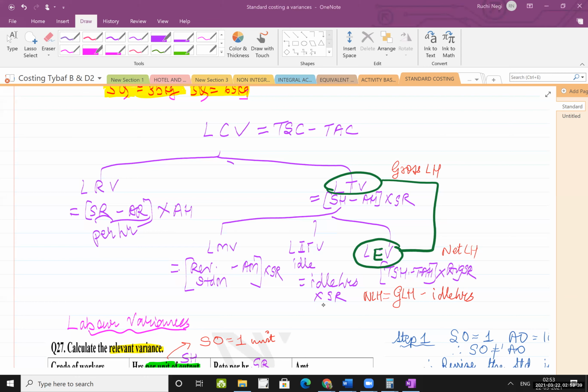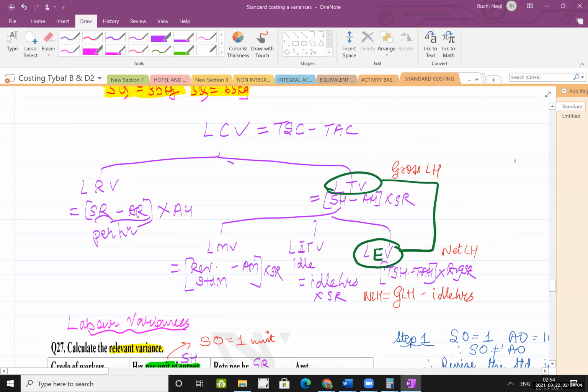Then last is labor efficiency variance. When I'm talking about labor efficiency variance, I am talking about the net labor hours. The only difference between labor time variance and labor efficiency variance is the gross and the net labor hours. When I say gross labor hours, it means I have included idle time, and when I say net labor hours, I have excluded idle time.